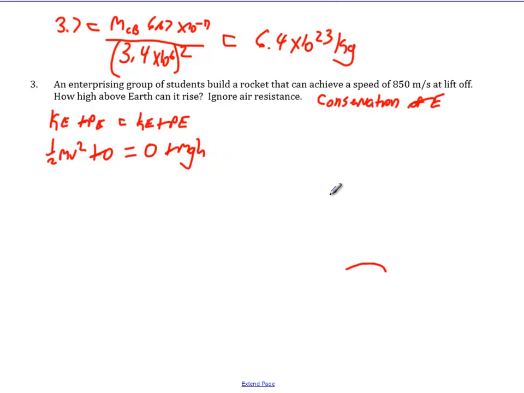But we can't do that because the further and further this rocket gets from the surface of Earth, the less and less g gets. So we have a whole other method of finding gravitational potential energy. It depends on gravitational field and distance. That method is to use kinetic energy plus gravitational potential energy, keeping in mind how this distance changes.